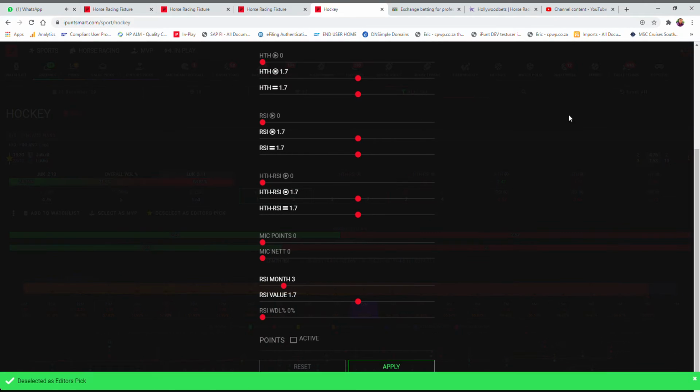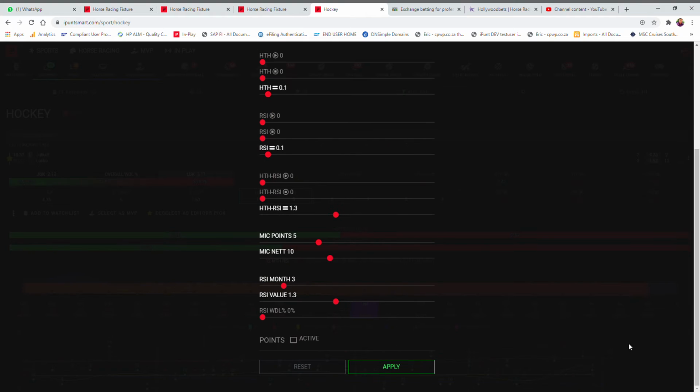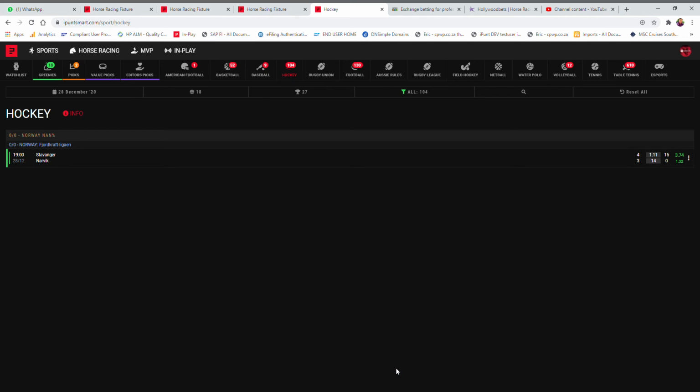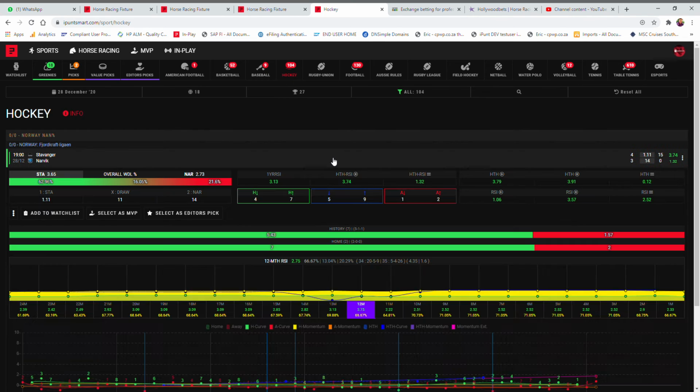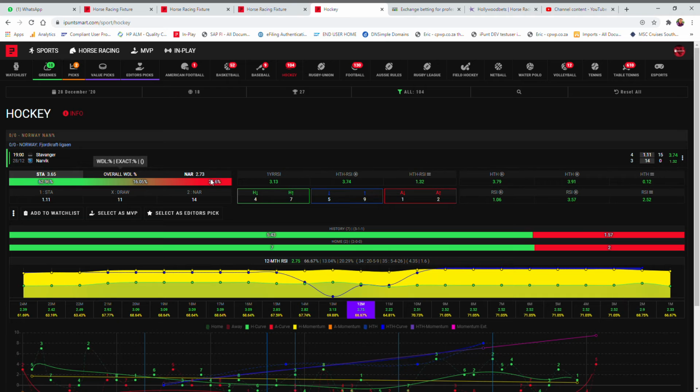Then we move on to see if there's any more. Daily play, apply 57% with the 1.3 and the 10 on the net. And there we go, there's one that's only 11%. So throw them in a multiple.